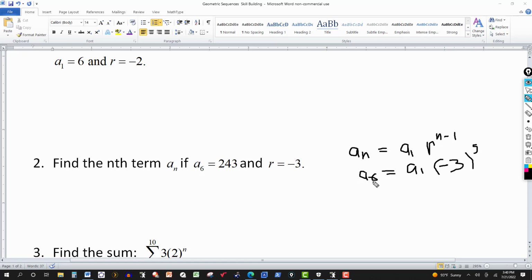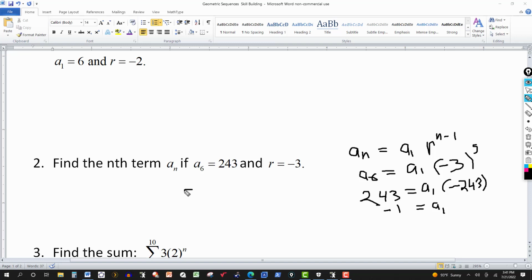So now from this, we know a6 is 243, times a1, and then here we got -3 to the 5th power. That's -243. So from here we can find a1. We divide both sides by -243, and we get a1 is equal to -1.